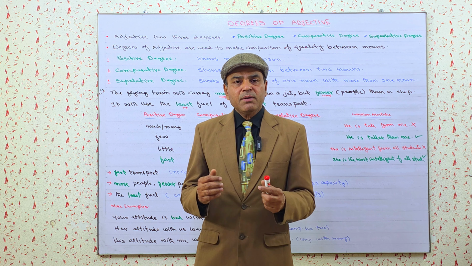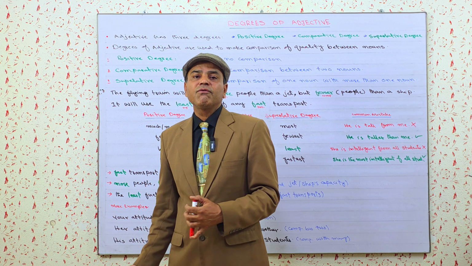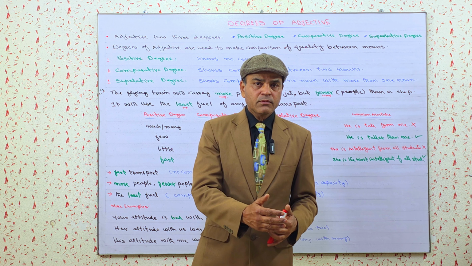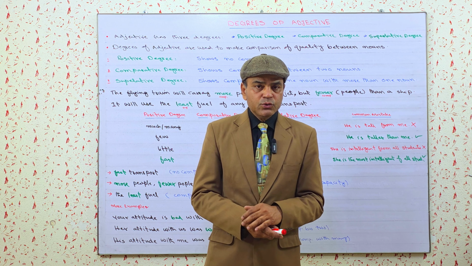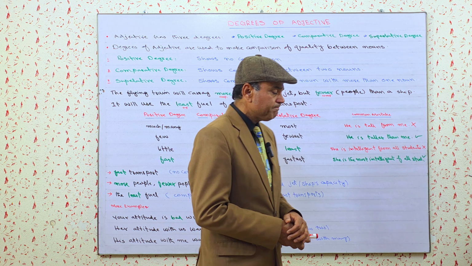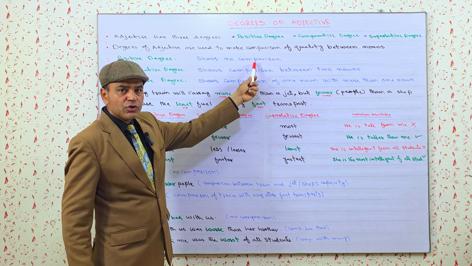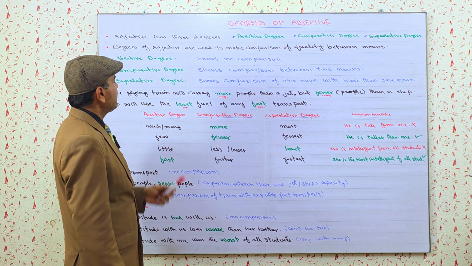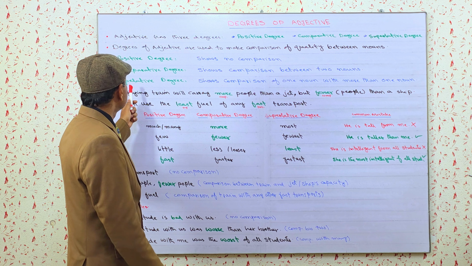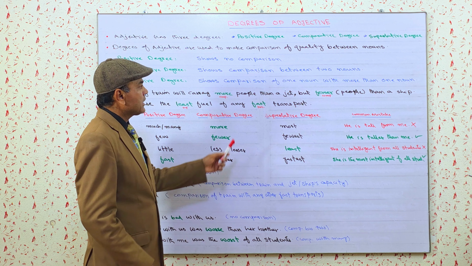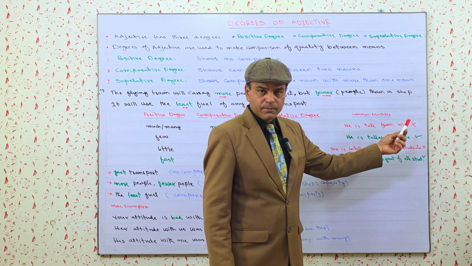And if I am comparing the quality of one noun with more than one noun, then I won't use a comparative degree. I will use the superlative degree. So, positive degree, no comparison. Comparative degree, comparison between two nouns. And superlative degree, comparison of one noun with more than one noun.